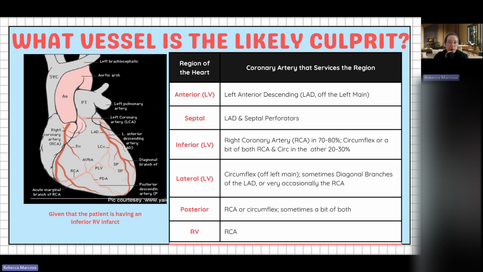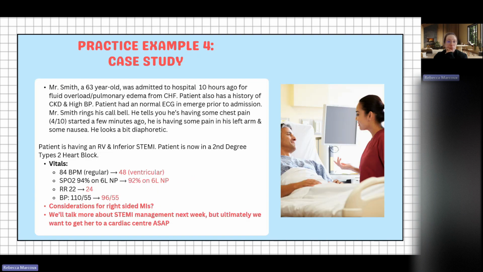Given that we have an RV infarct, it's always the RCA. So this patient likely has a right coronary artery that provides to the inferior of their heart as well.